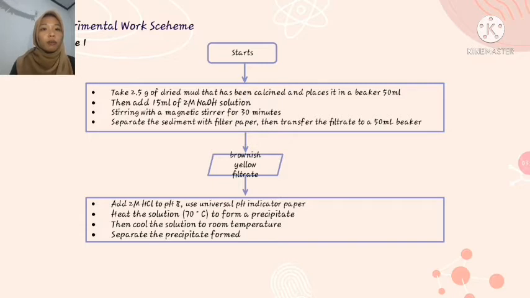Separate the precipitate formed. The result is precipitate, and then wash the sediment with distilled water until the pH of the water is neutral, and then the precipitate is heated in the oven at 110 Celsius to a constant weight, and then record the final sediment mass obtained.